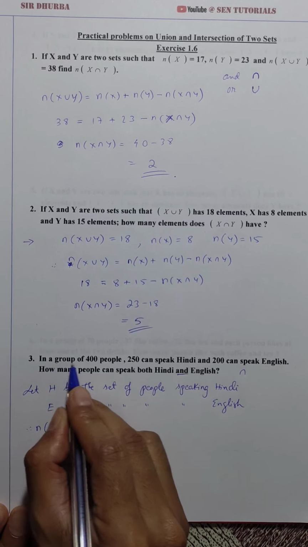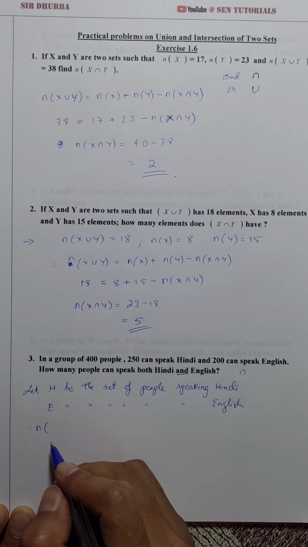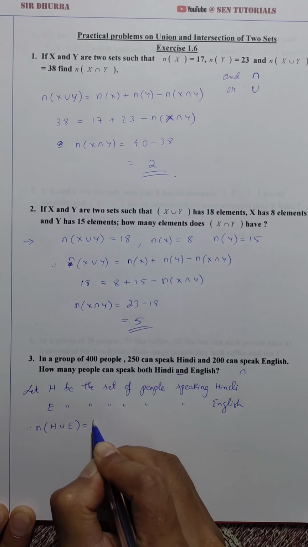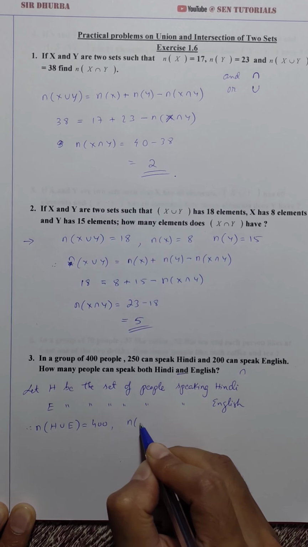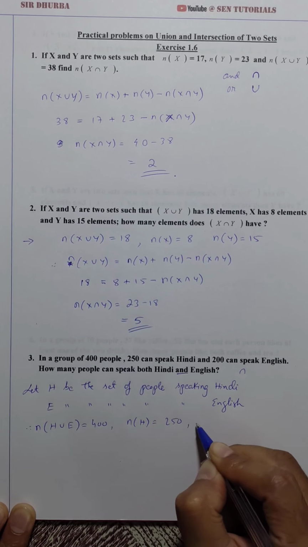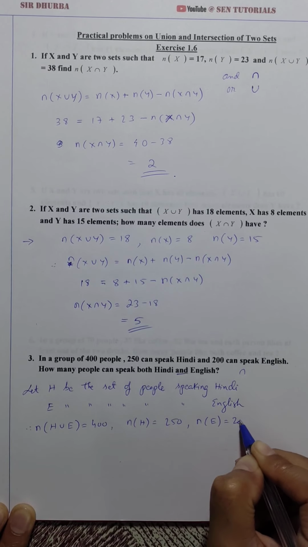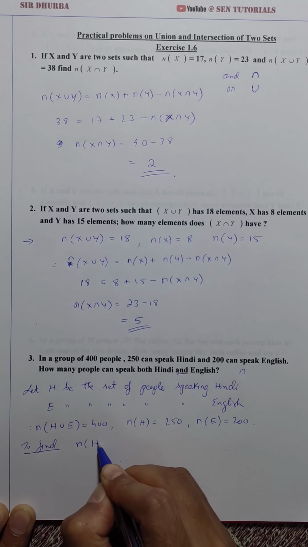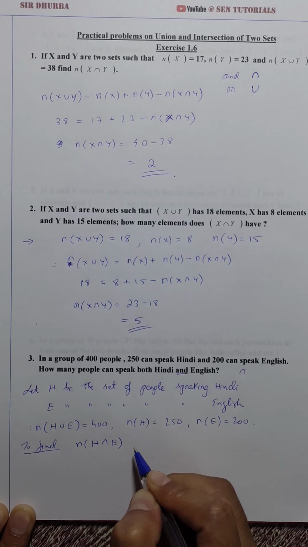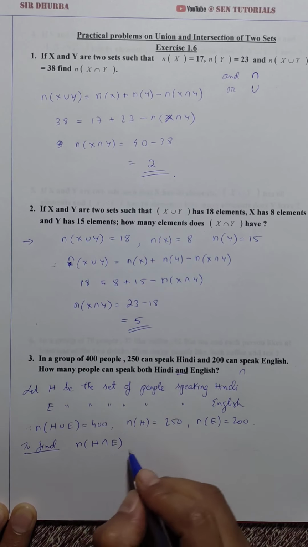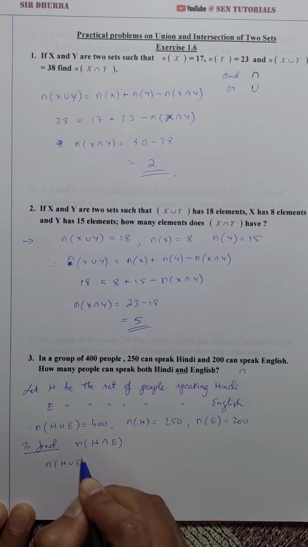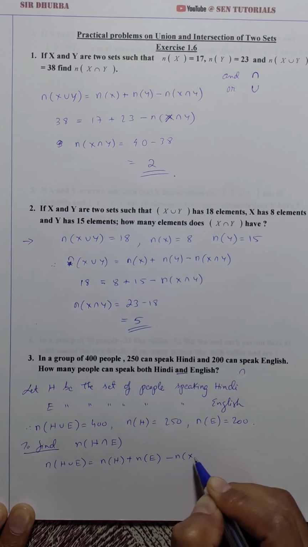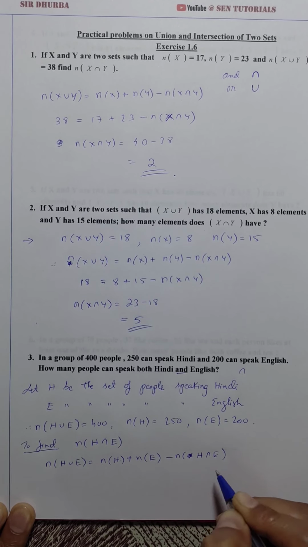So what do we have here? The total number of people, H and E combined, is 400. So H union E has 400 people. 250 can speak Hindi, 200 can speak English. We're supposed to find the number of people who can speak both. We can apply the formula directly: n(H union E) is n(H) plus n(E) minus n(H intersection E).